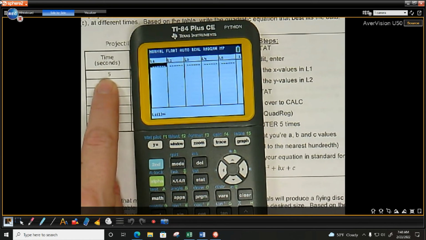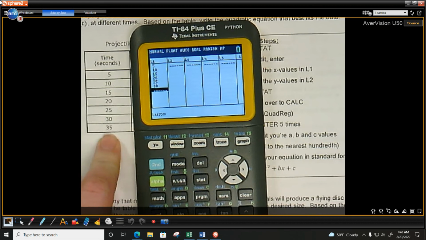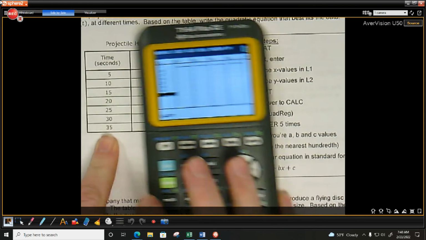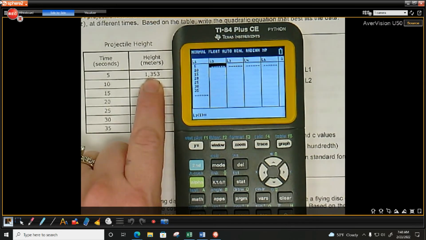So 5, enter. Also, you go a lot faster whenever you're actually using your pointer finger to keep track. Then you're going to arrow over and put your y values, your height values, into L2. You don't need to put the comma.